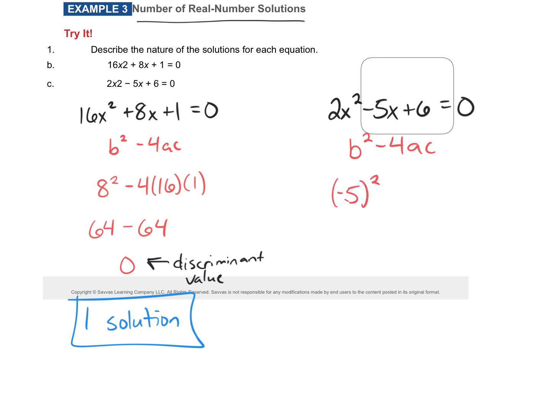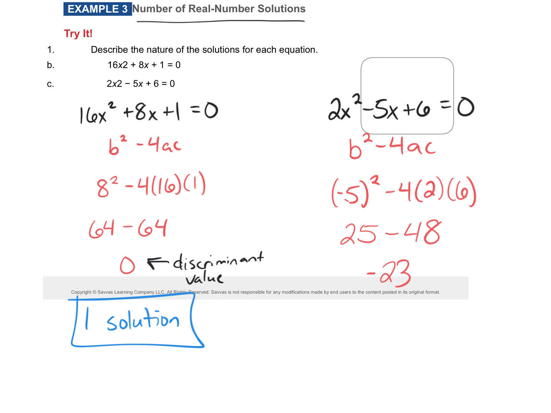Negative 5 squared minus 4, a is 2, c is 6. What's negative 5 squared? 25. Why did you put that in parentheses? Because of the negative. And then 4 times 2 is 8, times 6 is 48. So 25 minus 48 is negative 23.